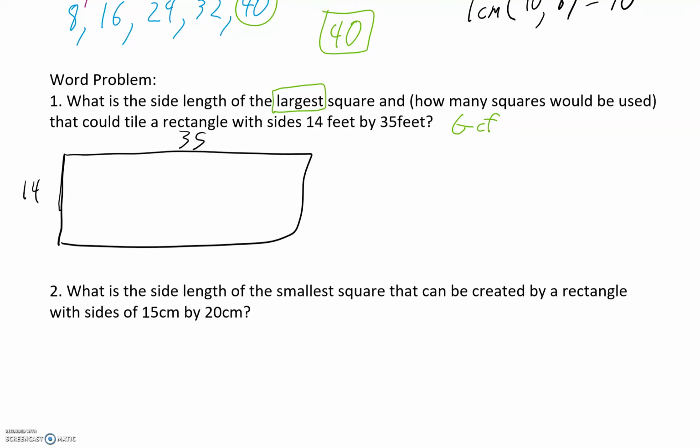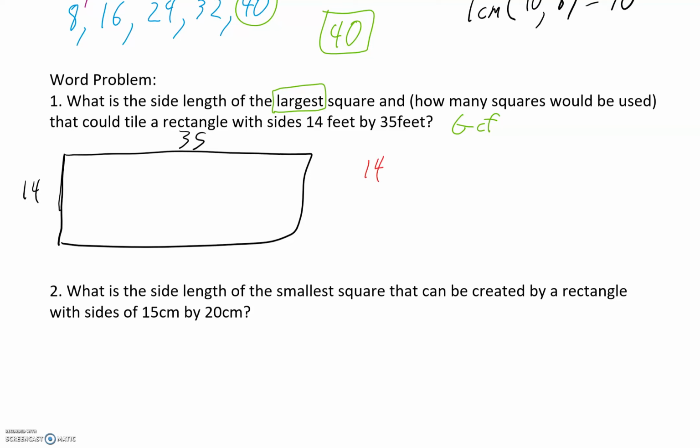So we have a rectangle like this, and the question is, how many times can we divide it up like this to make perfect squares? The way to figure this out is to do a GCF, right?